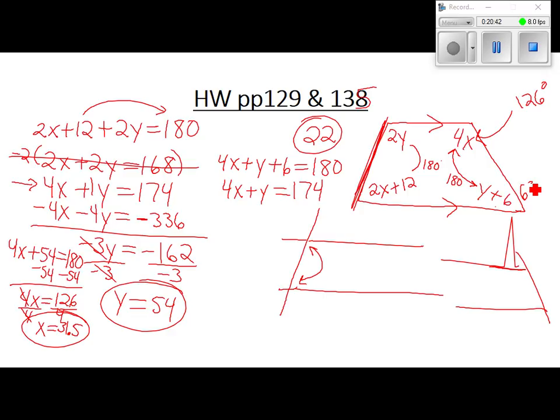What did we mess up at? Let's see, when we multiplied here, negative 2 times 2x was negative 4x. Negative 2 times 2y was negative 4y. Negative 2 times 168, was that negative 336? 174.